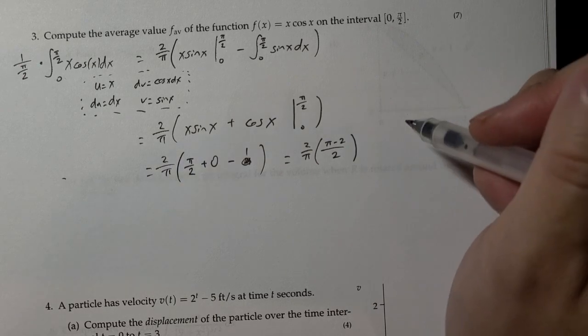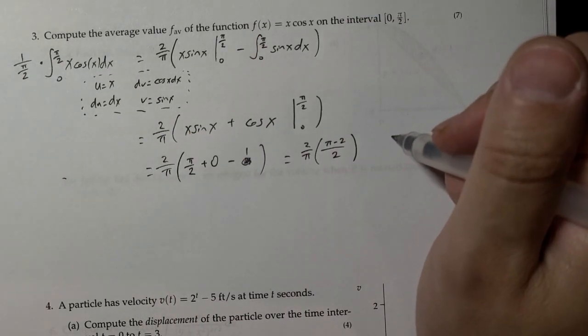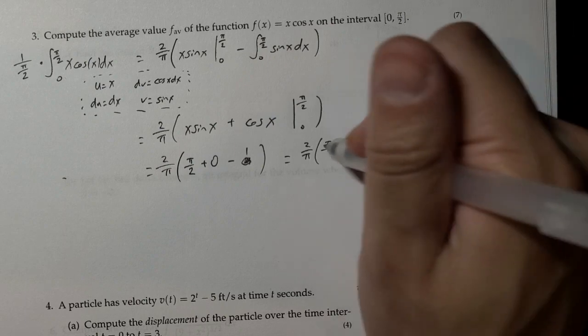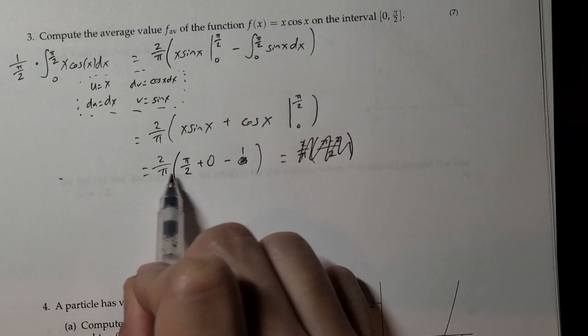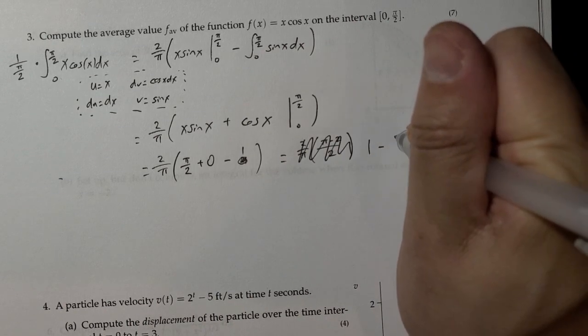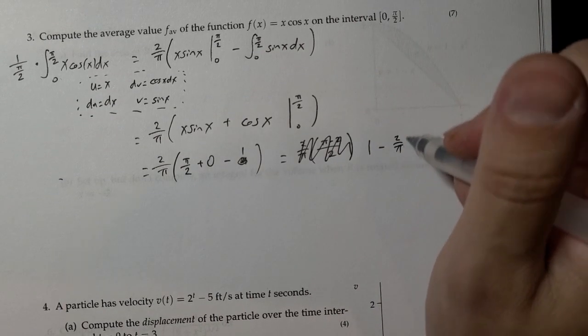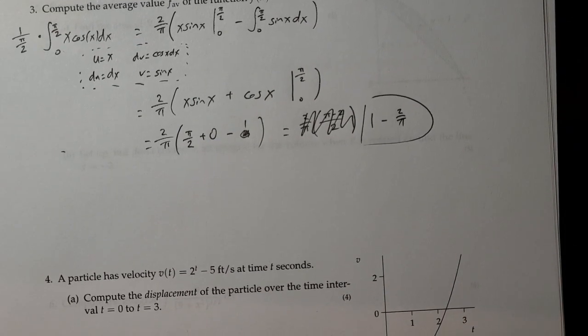Do we need to simplify this further? No, why don't I just distribute this 2 over pi. It'll be 1 minus 2 over pi. This should be good enough.